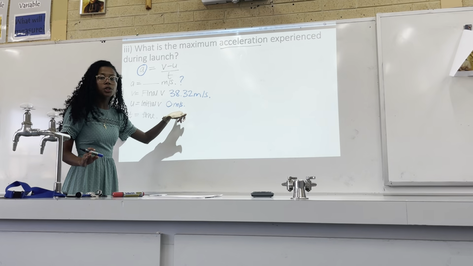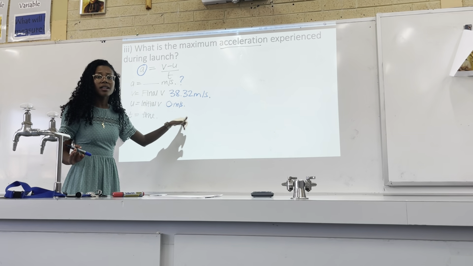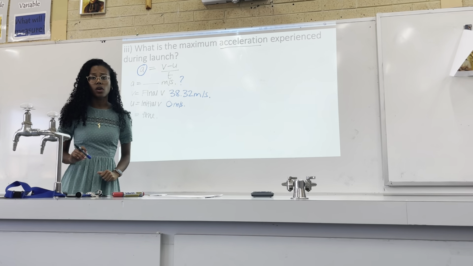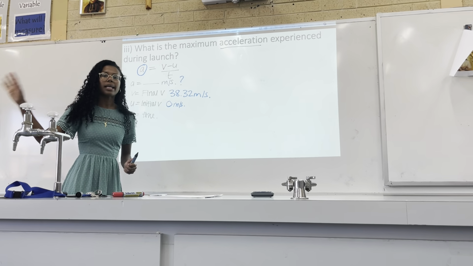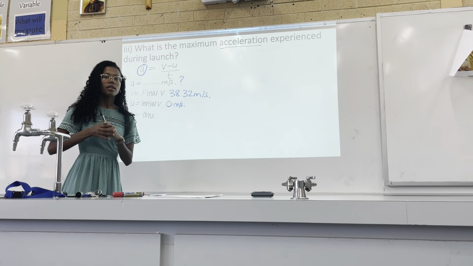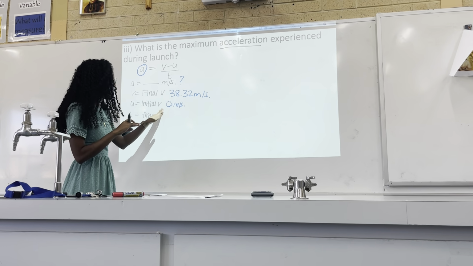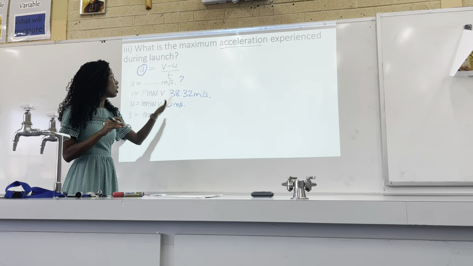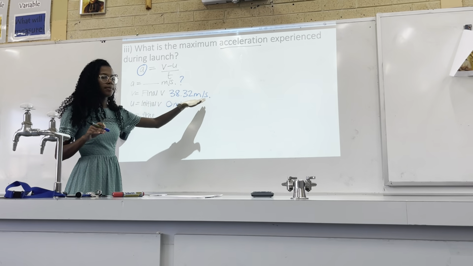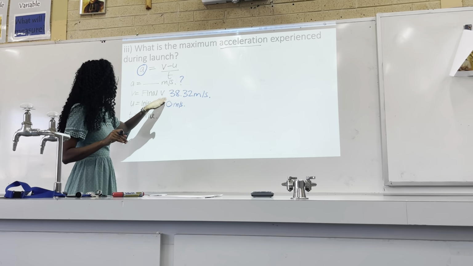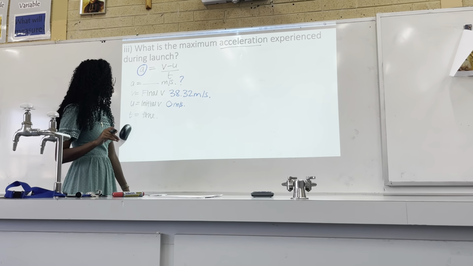Initial is 0. That is the velocity it's at when it's on the surface of the Earth. It's not moving. It hasn't blasted off yet. It hasn't launched yet. So it's 0. Okay, so don't get too confused about this part. Just understand that U is 0. Final velocity, the maximum amount of speed it will reach, is 38.32 meters per second.